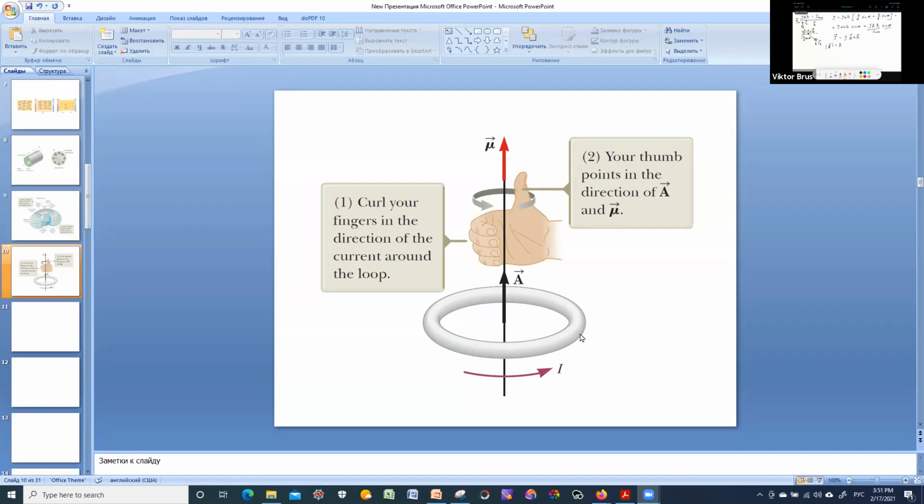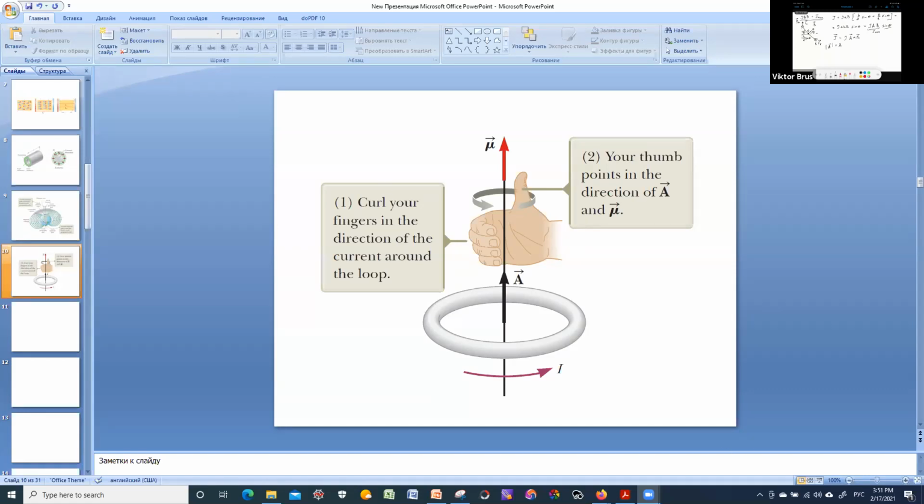Its magnitude is the area of the loop, and its specific direction with respect to the loop is defined by the direction of electric current flowing in this loop. If it changes to clockwise direction, then of course this vector A will be directed downwards.